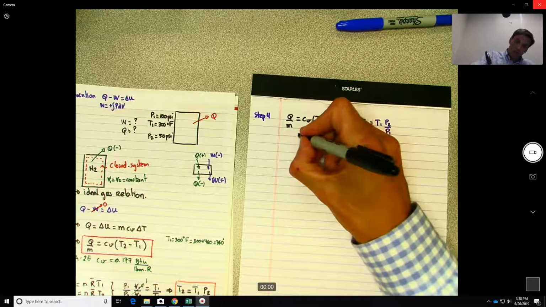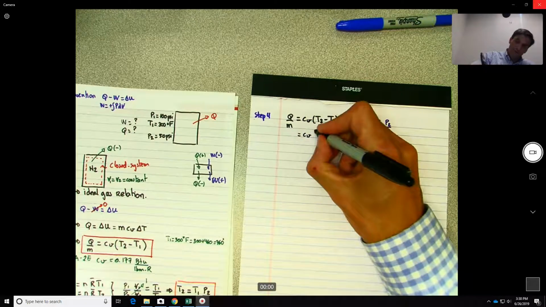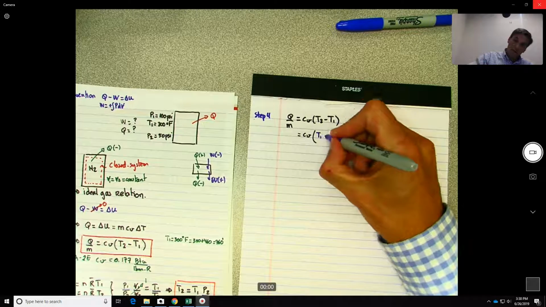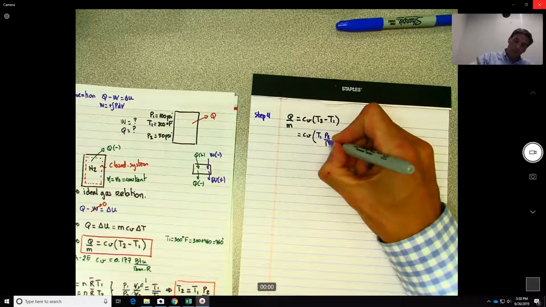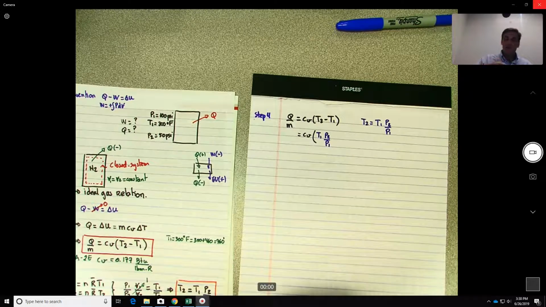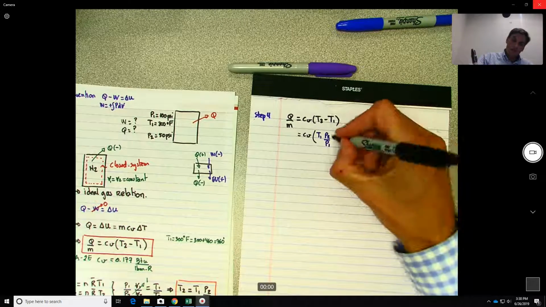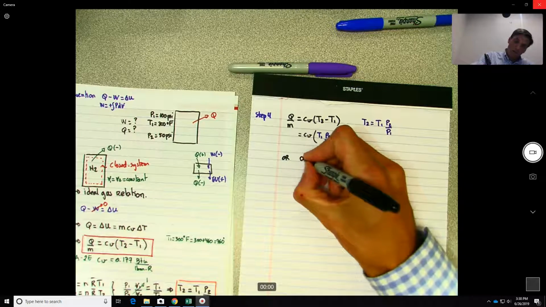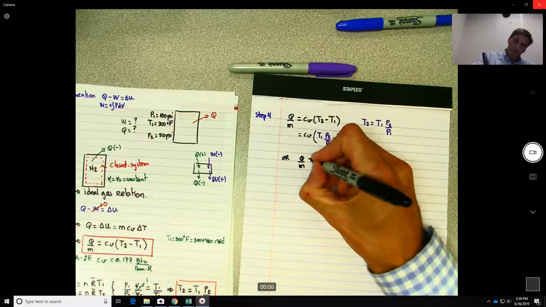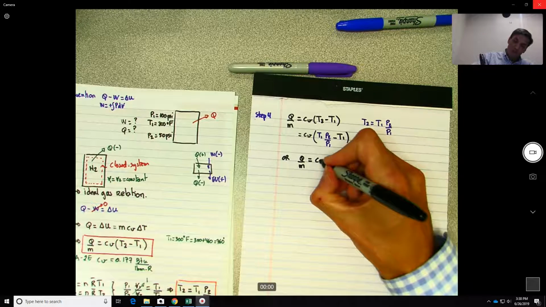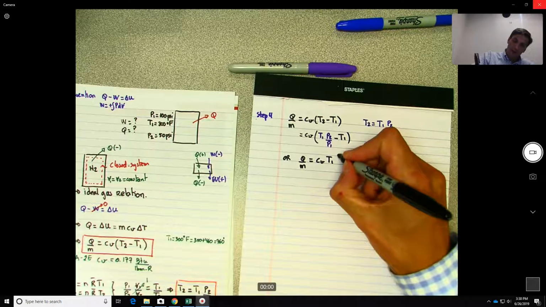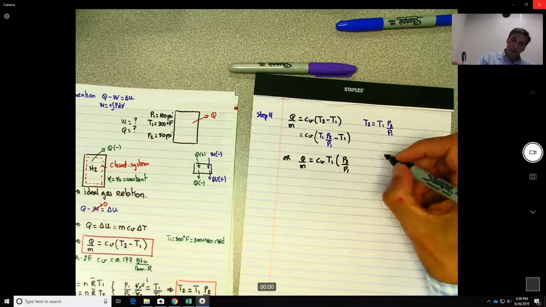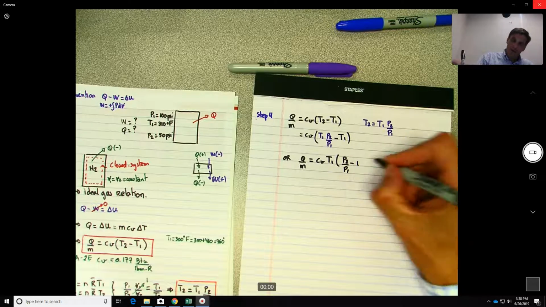So this becomes Cv times (T1 P2 over P1 minus T1), or Q over m equals Cv T1 times (P2 over P1 minus 1).